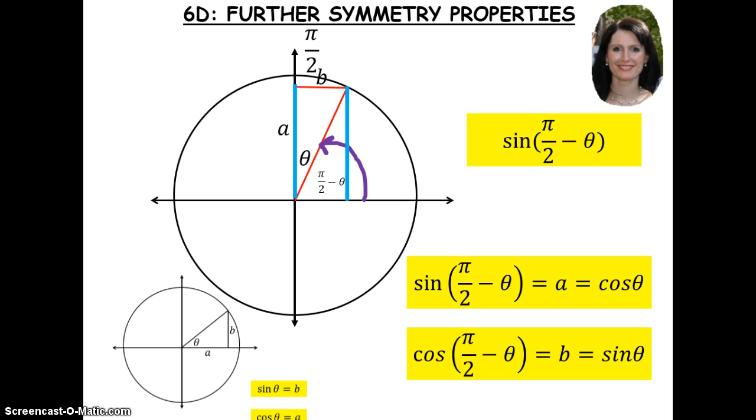Cos of pi on 2 minus theta is going to equal B, which is sine theta. See how that works? We've taken that triangle from the left-hand side in the little unit circle, and by putting it up there, it means B becomes our cos value of pi on 2 minus theta, and A becomes our sine value of pi on 2 minus theta.